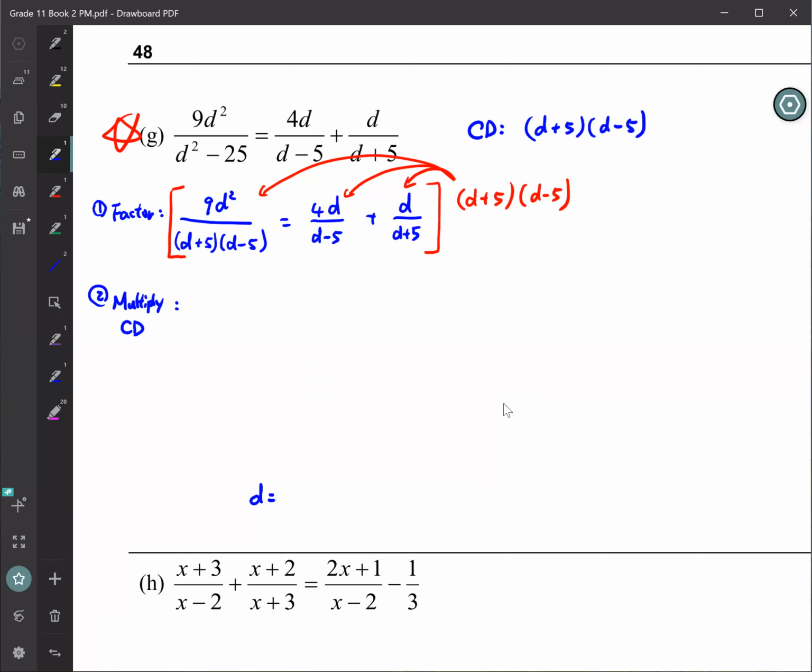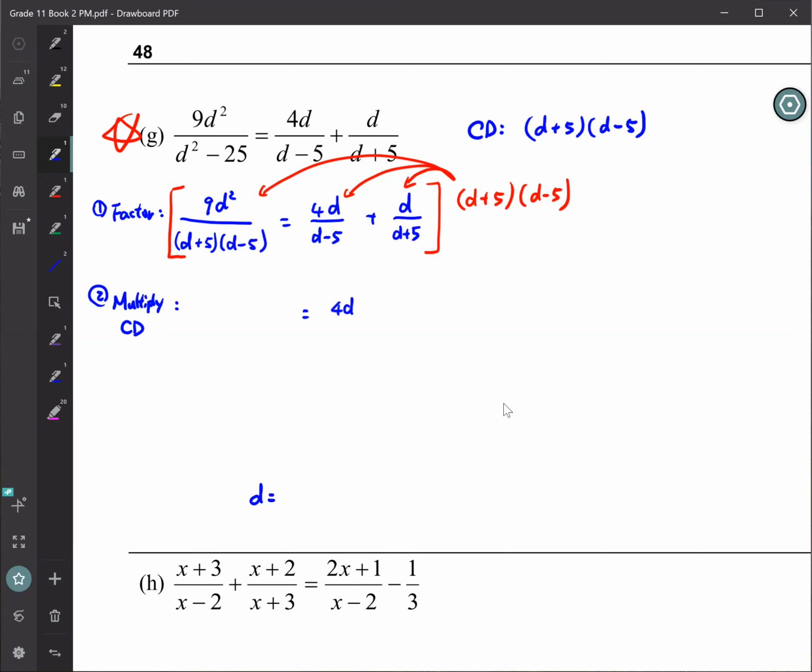I got stuck. How far did you get? I factored it. What do you get? I got 4d squared plus 20d plus d squared minus 5d.